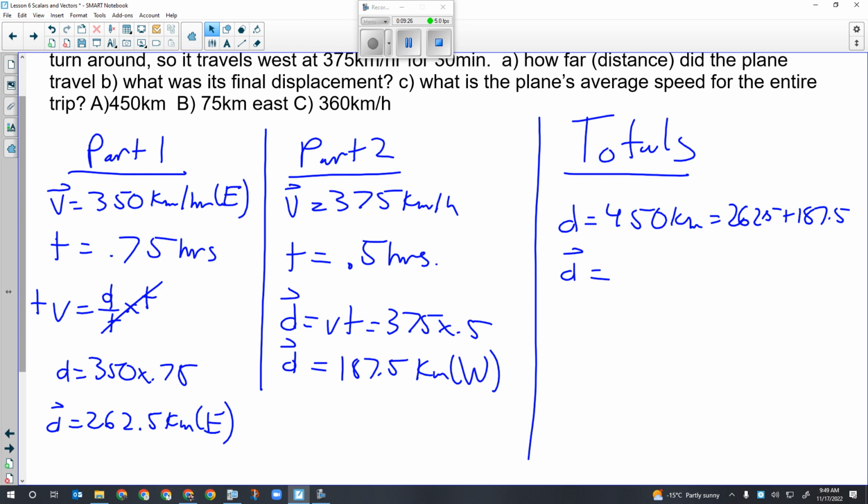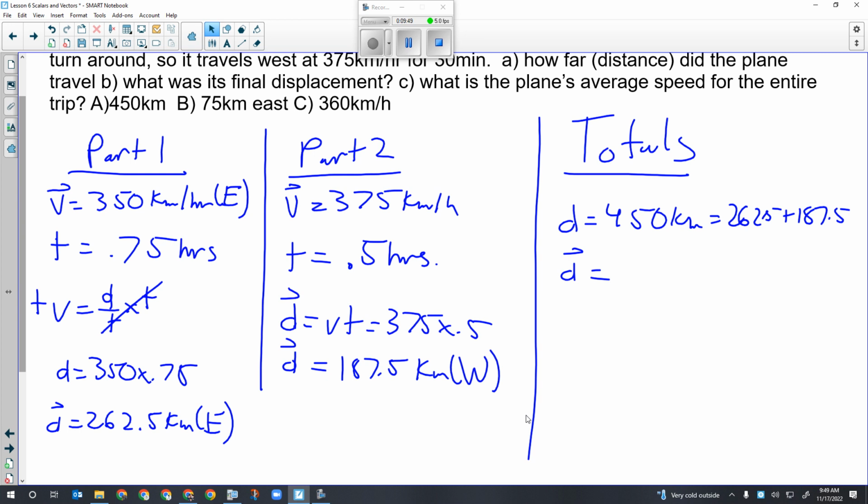To get the displacement, what do I do differently? Yeah, I subtract them. One is east and the other is west. I would subtract the smaller from the bigger, because I obviously don't go as far west as I went east. That means I'm going to end up east of where I started.